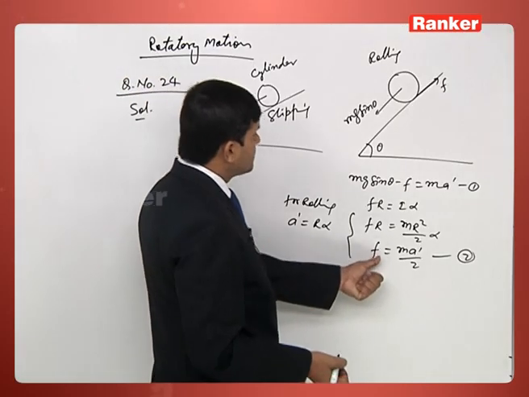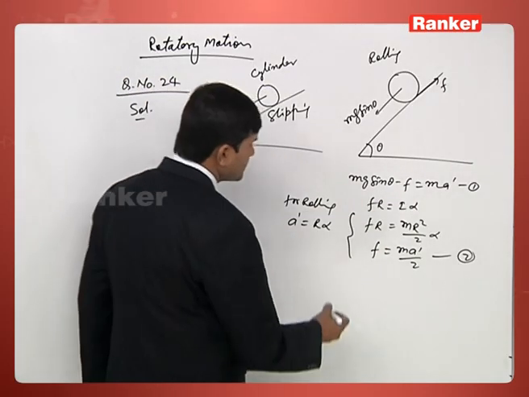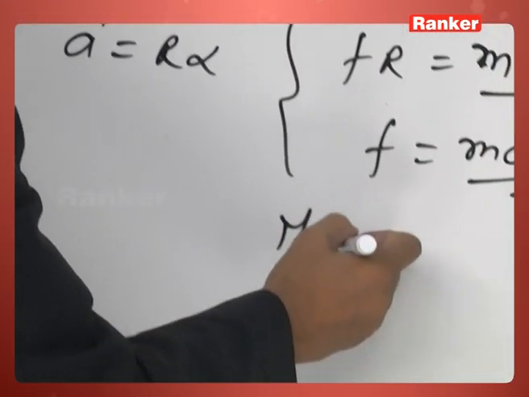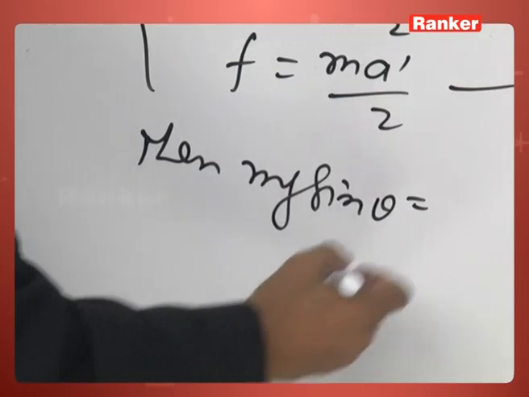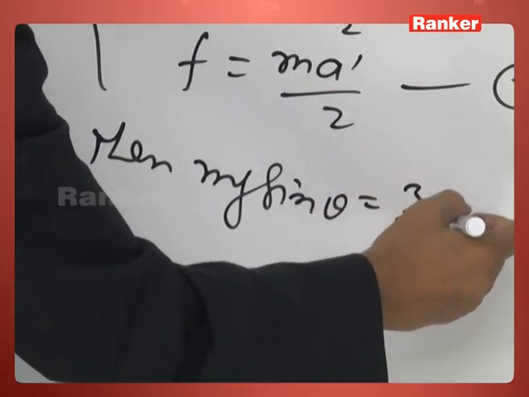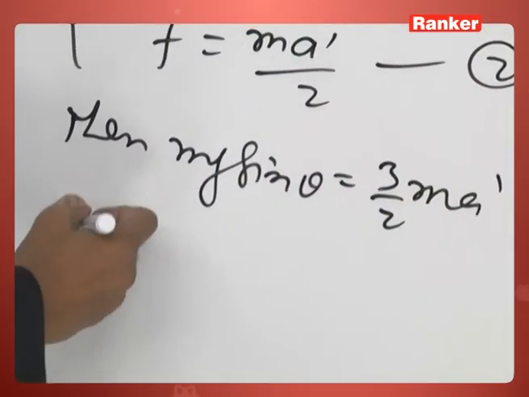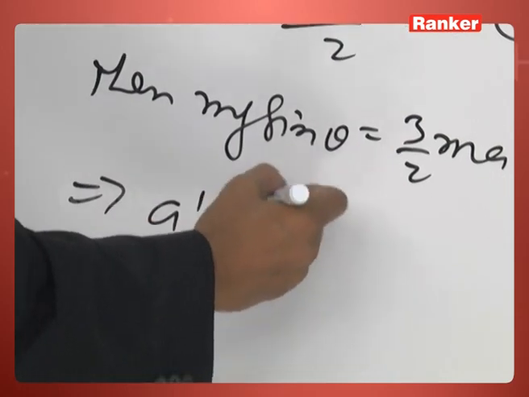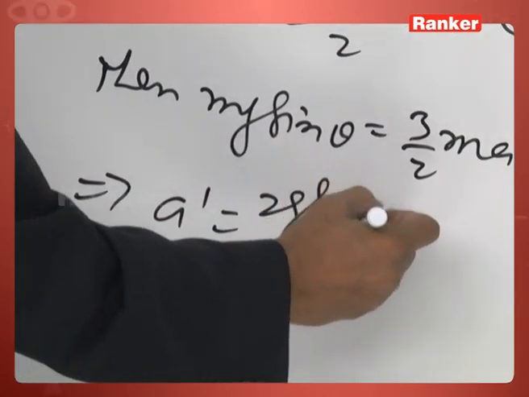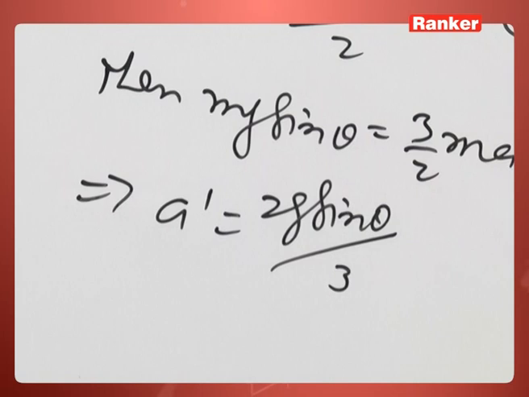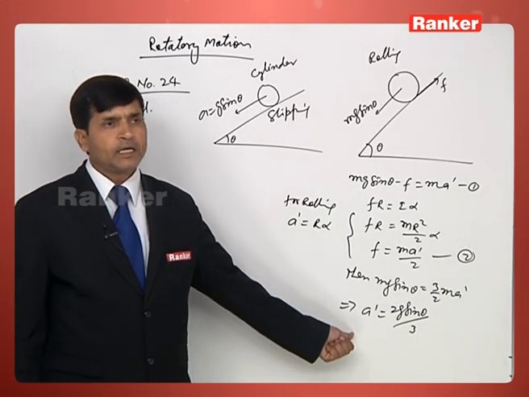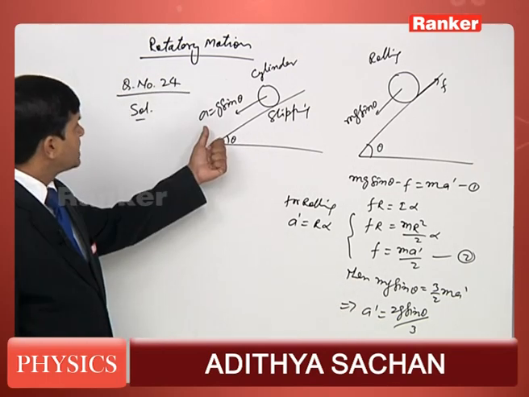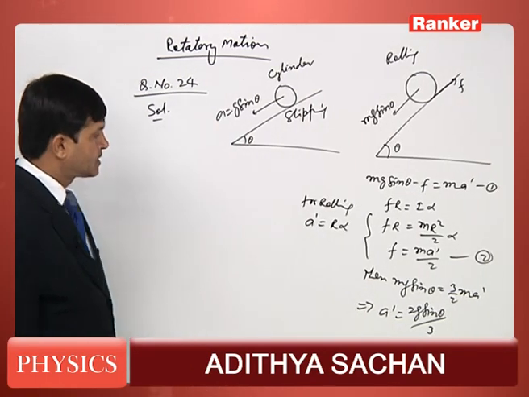So substituting the F value here, mg sin theta is equal to 3 by 2 m a dash. So a dash is 2g sin theta by 3. a dash is the acceleration when it is rolling, while a is the acceleration when it is slipping.